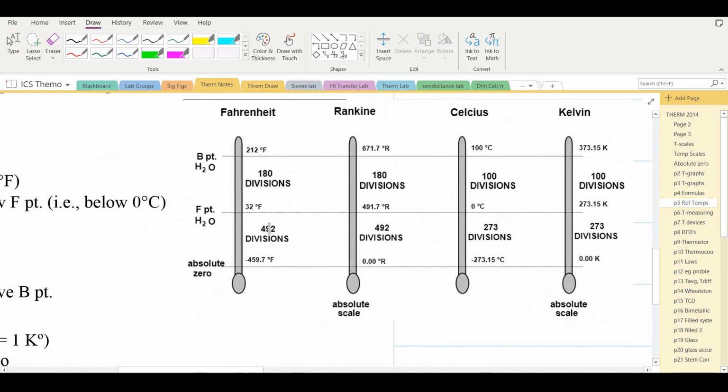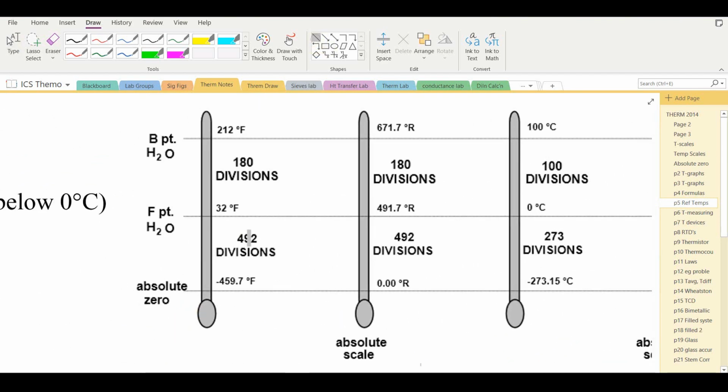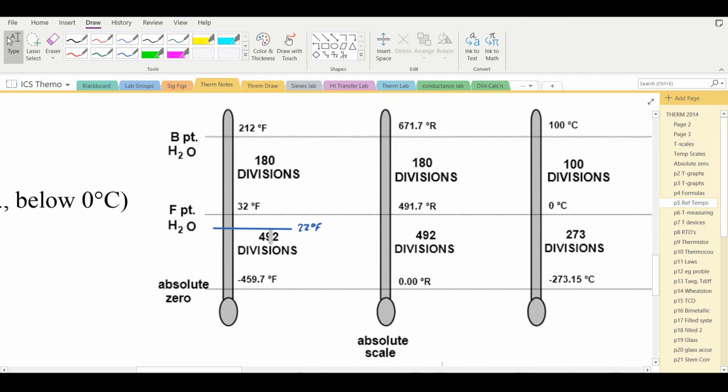Let me illustrate here. Find the reference point that's as close as you can to your temperature. The temperature is 22 degrees Fahrenheit. What's the closest reference temperature? The closest reference temperature is the freezing point of water at 32.